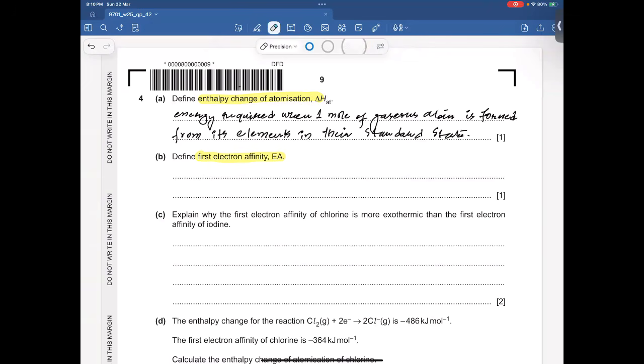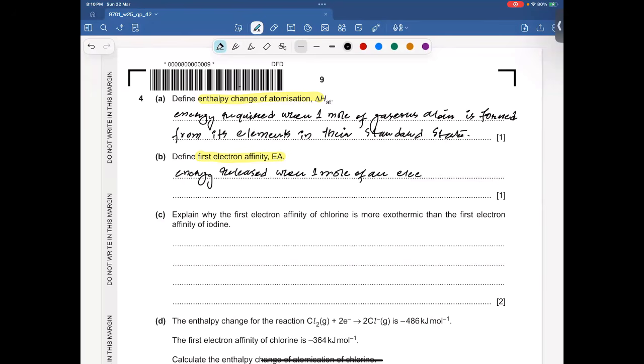So on the basis of that: energy released when 1 mole of electrons is absorbed in 1 mole of neutral gaseous atoms.